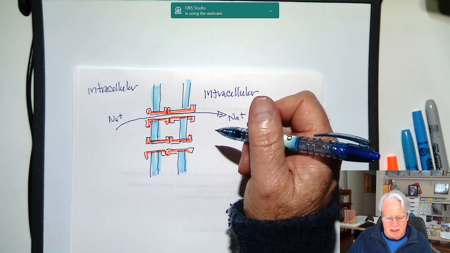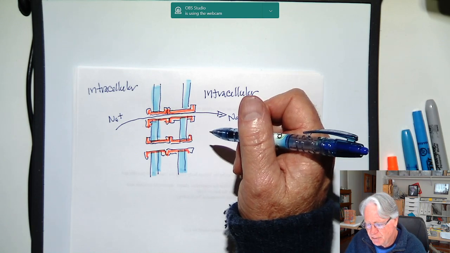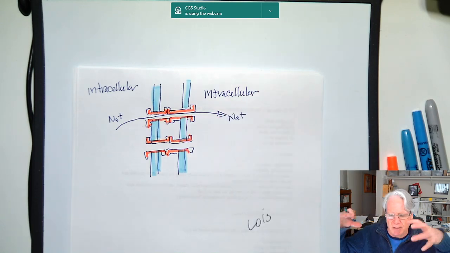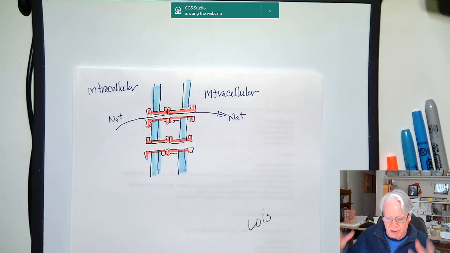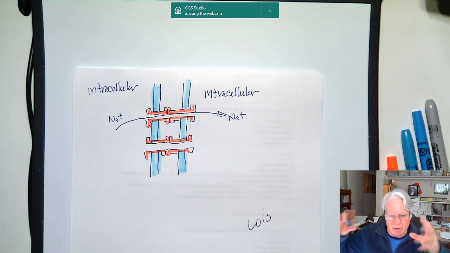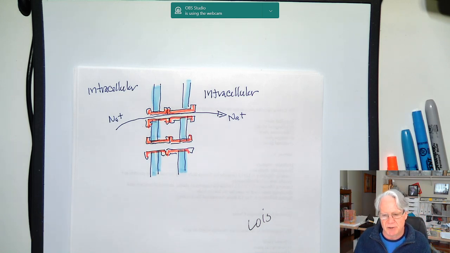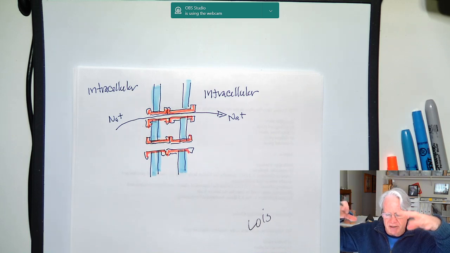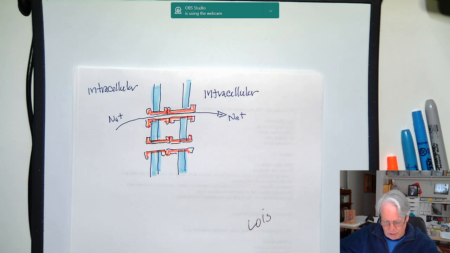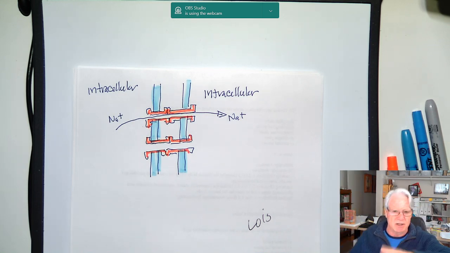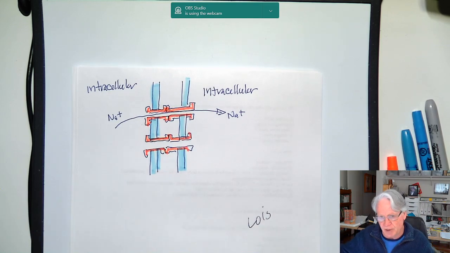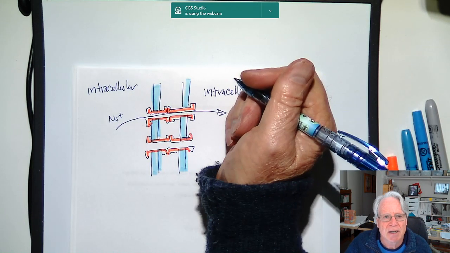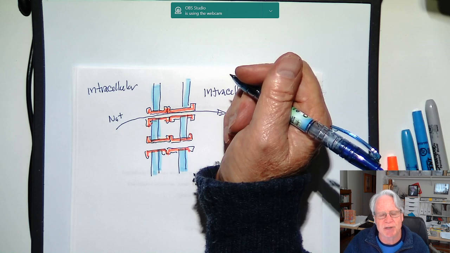So a quick primer to the heart. We have two upper chambers and two lower chambers. The two upper chambers are called the atria. The two lower chambers are called the ventricles. You fill the atria with blood, you squeeze that blood down into the lower chambers, and then you push the blood out of the lower chambers up into either the lungs or into the rest of the body. Okay? And that all has to be coordinated.